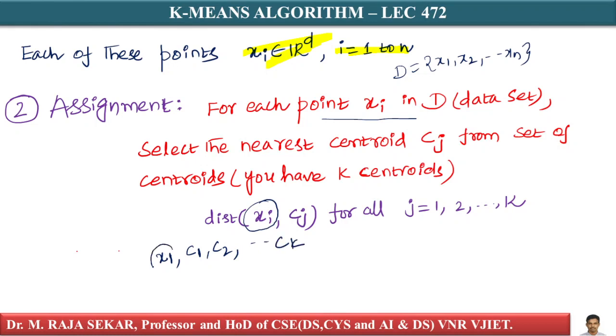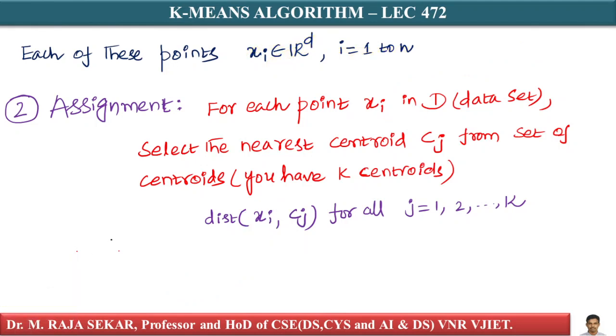I am checking the distance between x1 and C1, x1 and C2, and so on, x1 and Ck. I will repeat this for all other points x2 to xn. We will find the smallest distance. By finding the distances, let's assume Cj is the nearest centroid to the point xi.